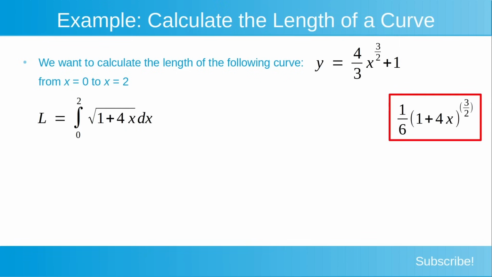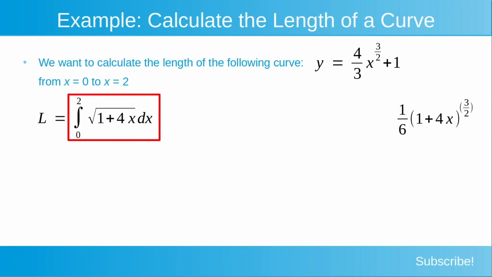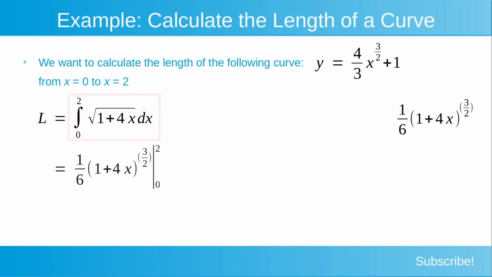We're now going to use this antiderivative to evaluate our definite integral. This works out to be our antiderivative evaluated from x is equal to 0 to x is equal to 2.